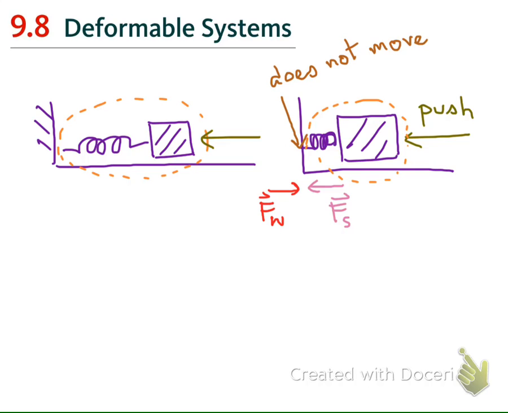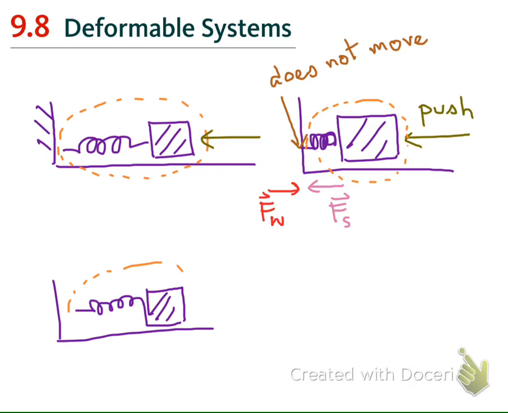Next, after we push the system like this, we release the system. So what we will have is that the system, which is the spring and the block, will move away from the wall with the velocity v.